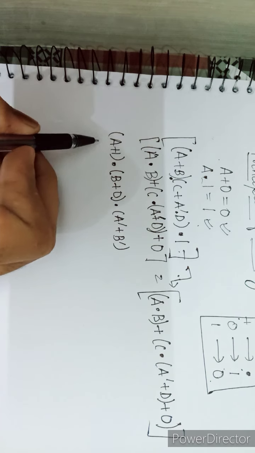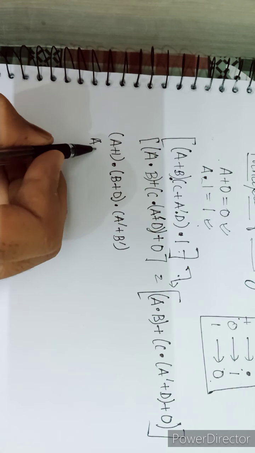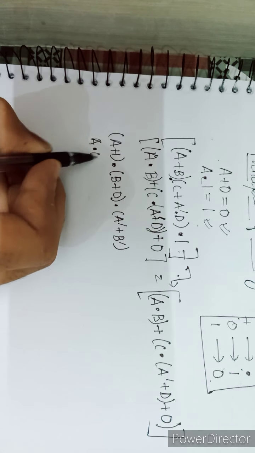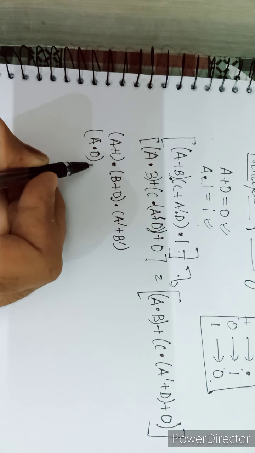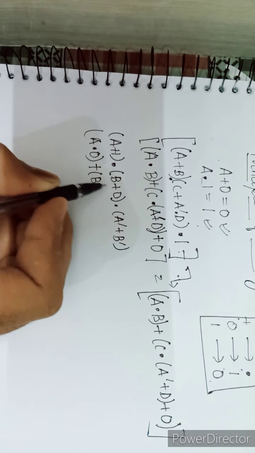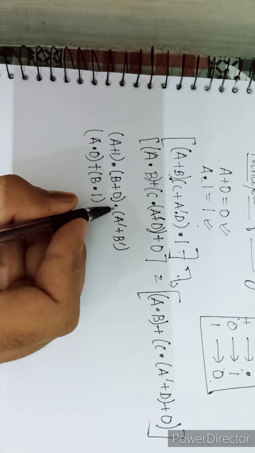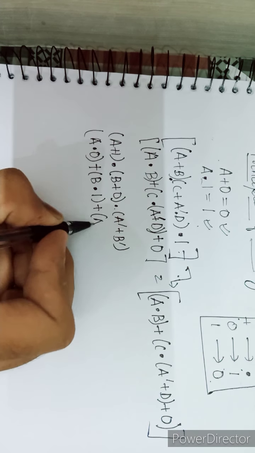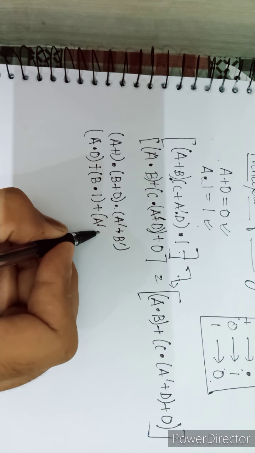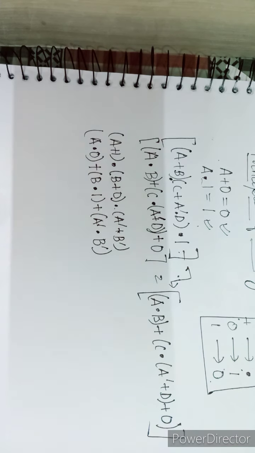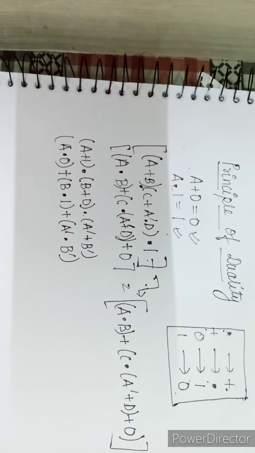So A plus will be changed to dot, 1 will be changed to 0, dot will be changed to plus, plus will be changed to dot, 0 will be changed to 1, dot plus A bar, and plus will be changed to dot and B bar. So this is a very simple question of 1 mark which can be asked in the exam. You have to write the dual form of the expression.